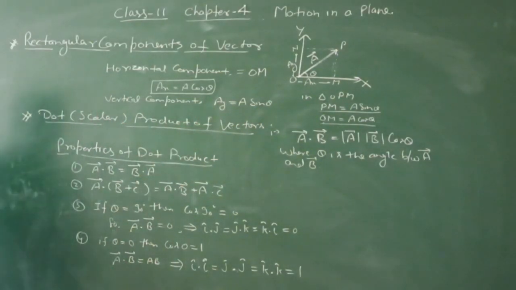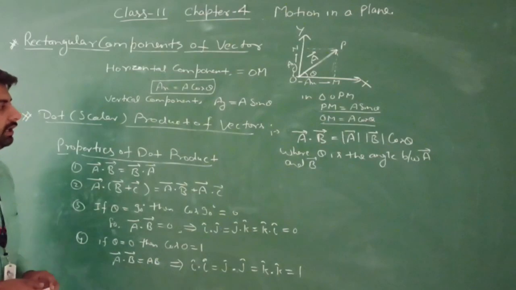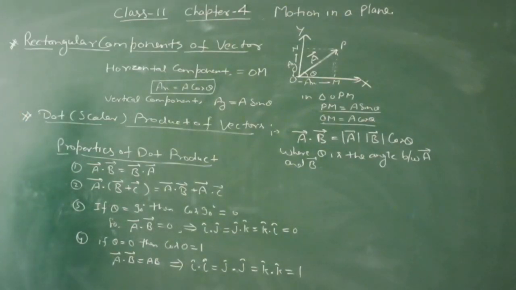Clear? Now we discuss the dot or scalar product of two vectors. What is the dot product of two vectors? If the multiplication of two vectors is a scalar, then the product is known as the dot product or scalar product.